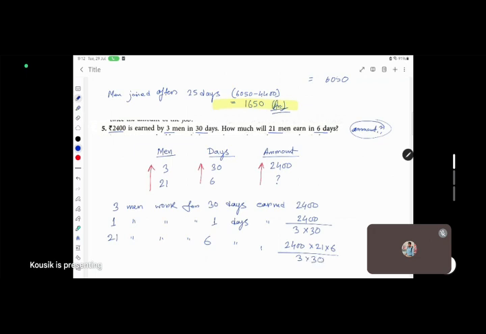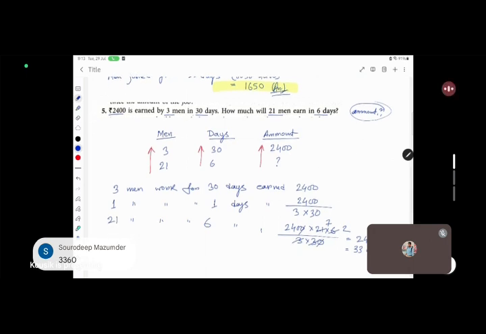So what do we get? 240 into 14. 3360. Okay, this is the answer. Is it understood? This was the homework. So I think you completed it.